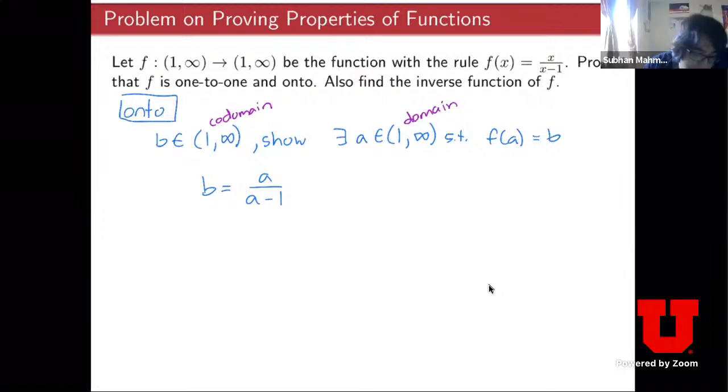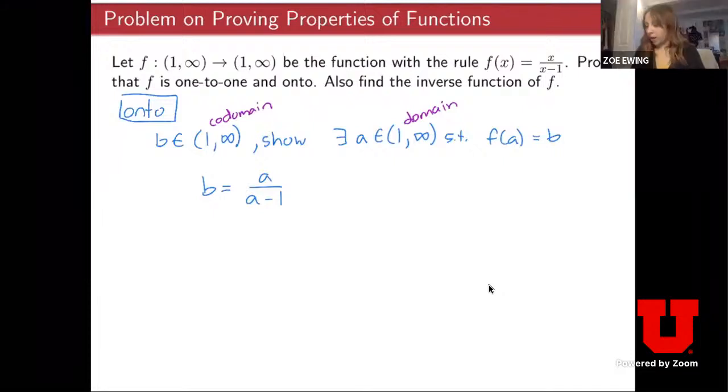Well, when we were first learning onto, we would get the inverse of b and then plug it into the original equation. Okay, yeah, that works. For this one, there might be a simpler method. What we're really trying to show here is that a is in the set from 1 to infinity.